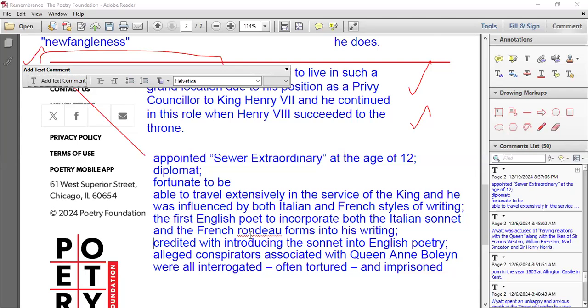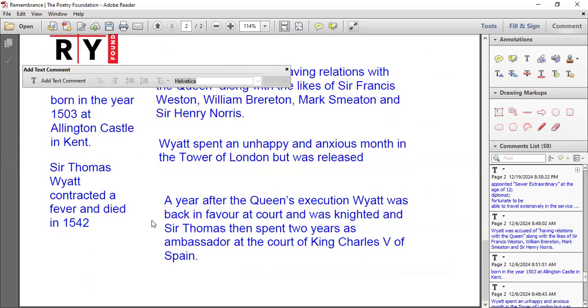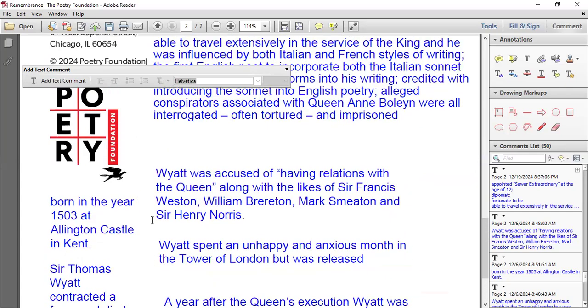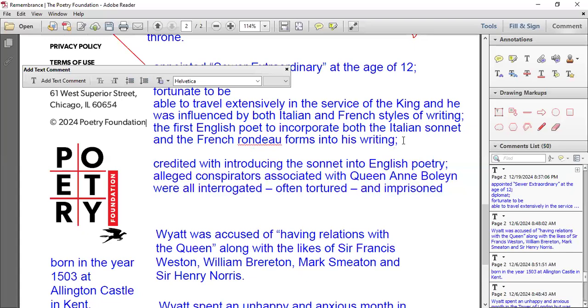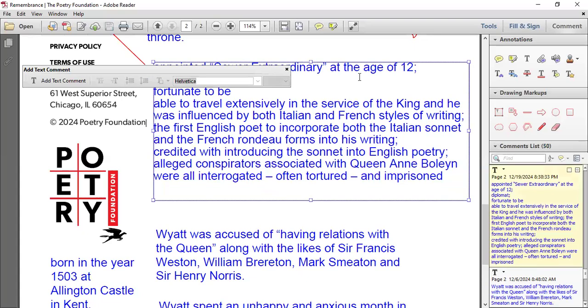What are the writing styles he incorporated? He incorporated the Italian poetic forms and the French poetic forms, the Italian styles and the French writing styles. He is credited with introducing sonnet into English poetry.